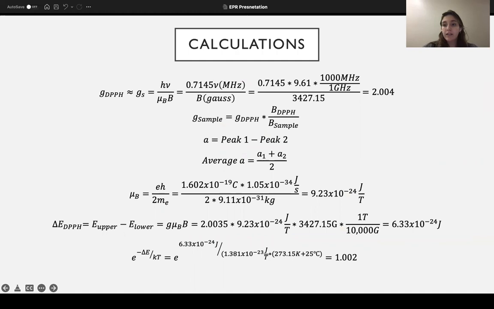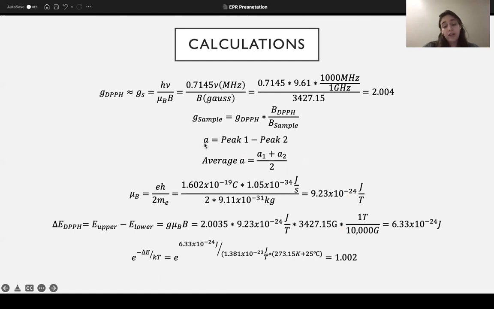Here is how I calculated the g and A values. The g value for the DPPH must be calculated to calculate the sample g values. So I calculated that, and to calculate the sample values, you multiply the g value of DPPH times the center field value of DPPH divided by the center field value of the sample.